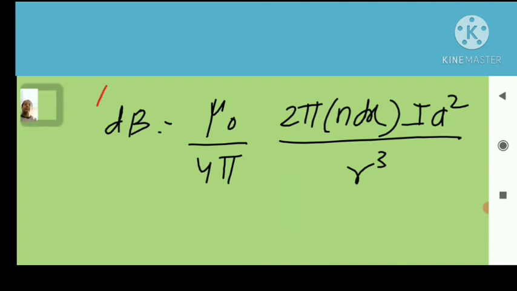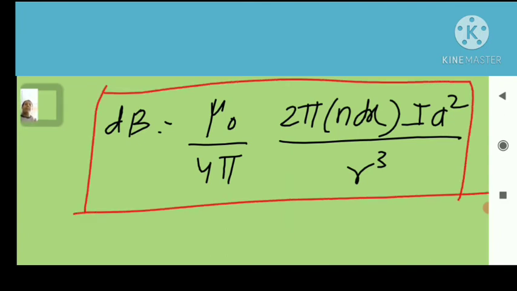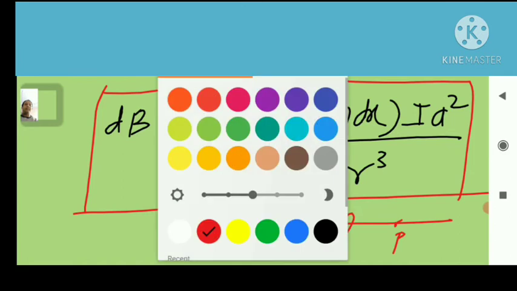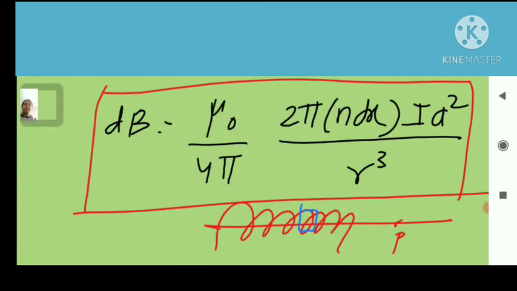This is the magnetic field at point P due to the very small element. Now we have to find the total magnetic field at this point due to the total solenoid.